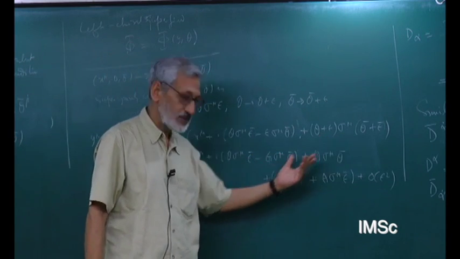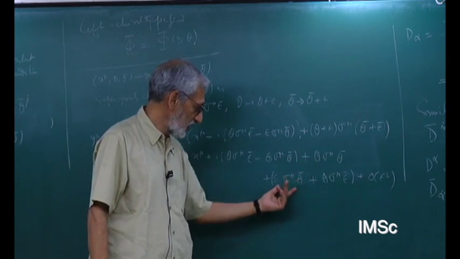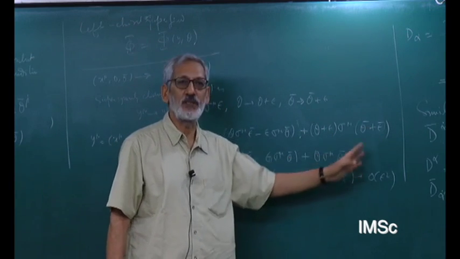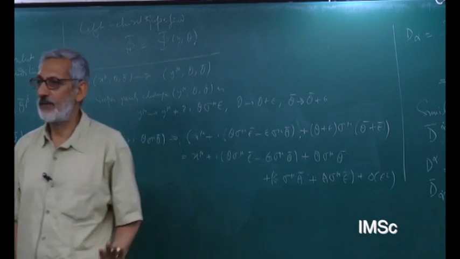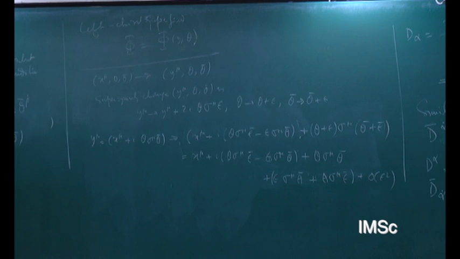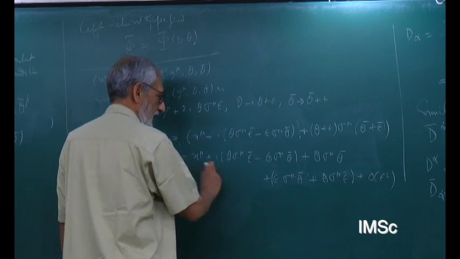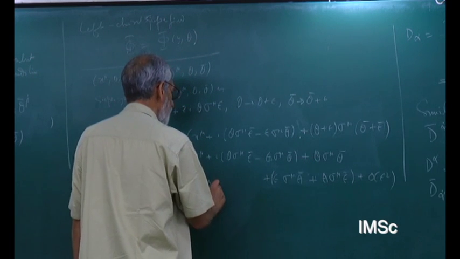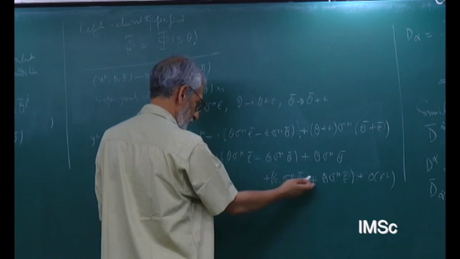Just expand this out. There are 4 terms, this one, this one, this one, and a term which has 2 epsilons, epsilon squared. So that's a higher order term. Combine this and this into y mu. Now look at these terms.